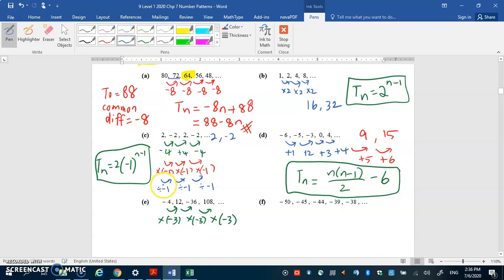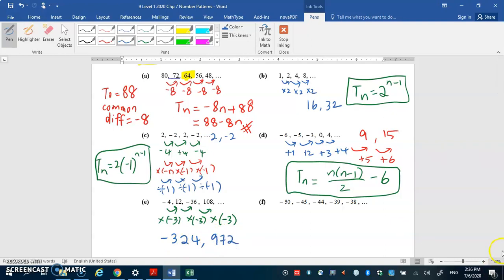When you have two signs together, remember to put a bracket. So times negative 3, times negative 3, times negative 3. So 108 times negative 3, your next number will be negative 324. Then you take that, multiply by negative 3, you get 972.